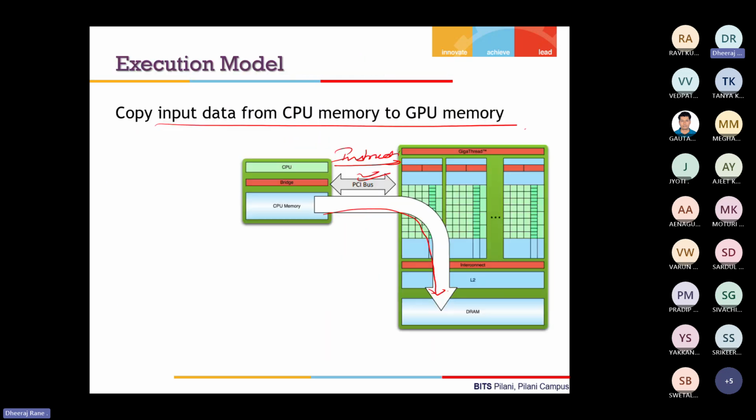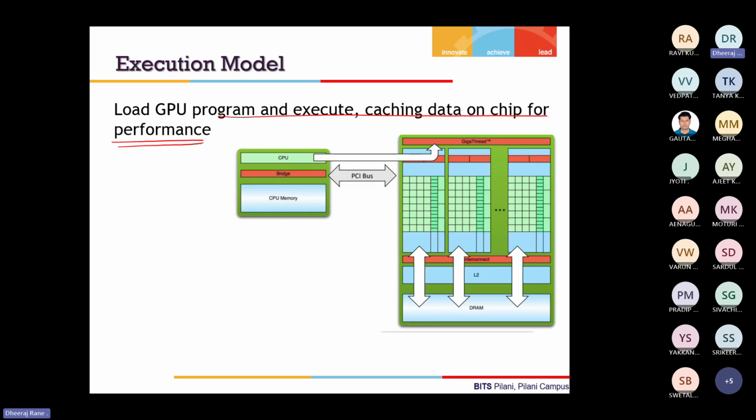Now the execution model, we can escape. We'll quickly go through this and then wrap it up. This is the basic execution model. You can see that CPU memory is there and the whole instruction is initiated by the CPU. The data is copied from CPU memory to GPU memory, then the GPU program is loaded and executed through the CPU, along with the caching data and other things.